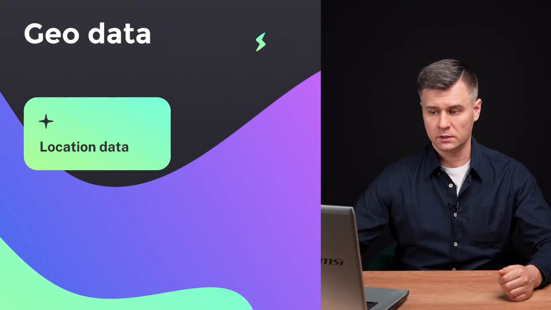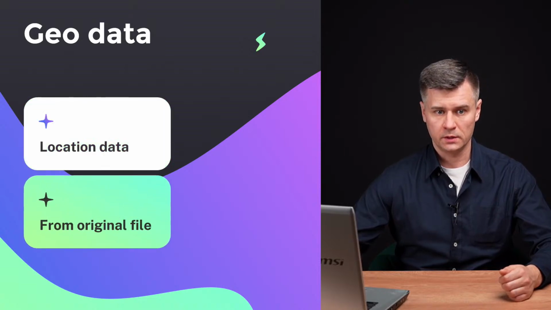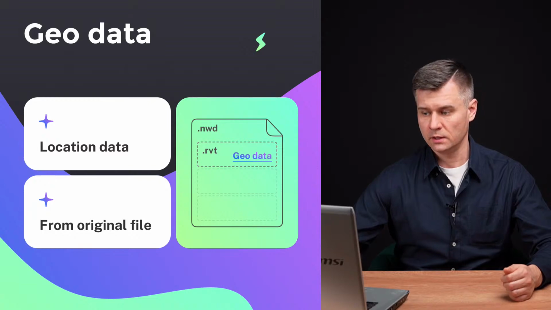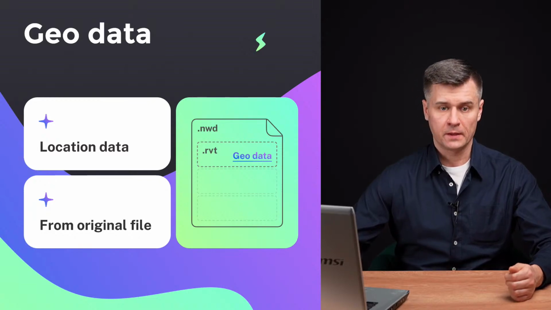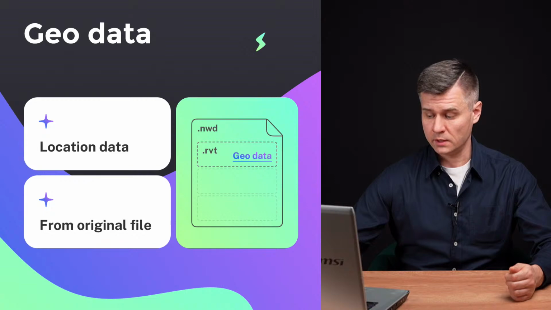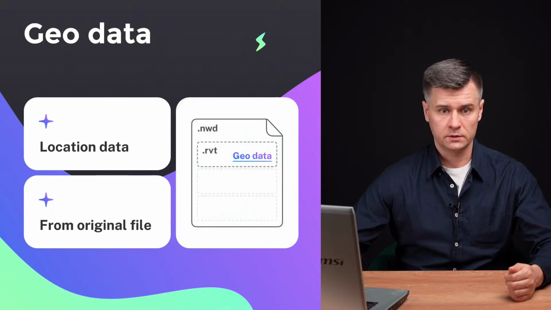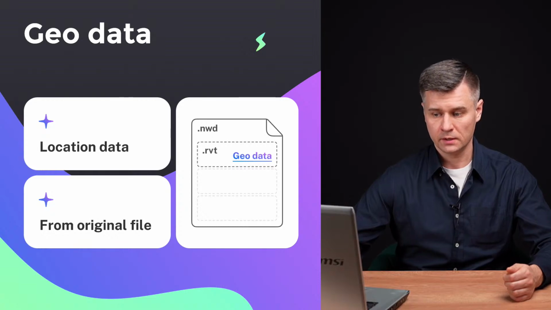Usually this data is automatically converted from the original file, and typically it is a Revit file. Also we are able to access such data in NWD files by means of ODA BimNv API, and we'll show you a demo right now of how we can do this.